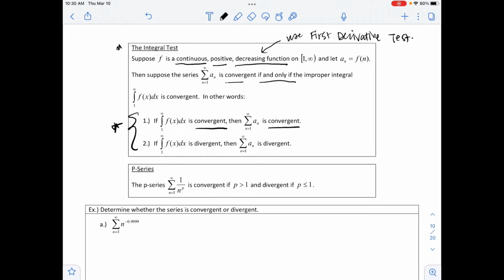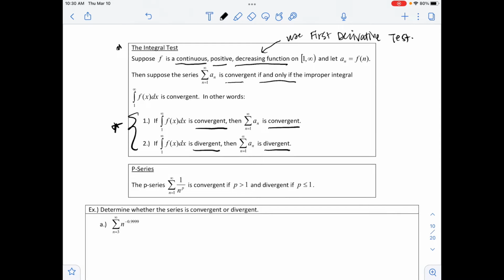Whereas if the integral is divergent, then the sum is also going to be divergent. And if you remember when we dealt with improper integrals back in Calculus 1, we had to rewrite this as the limit as n approaches infinity of the integral from 1 to n of our function.